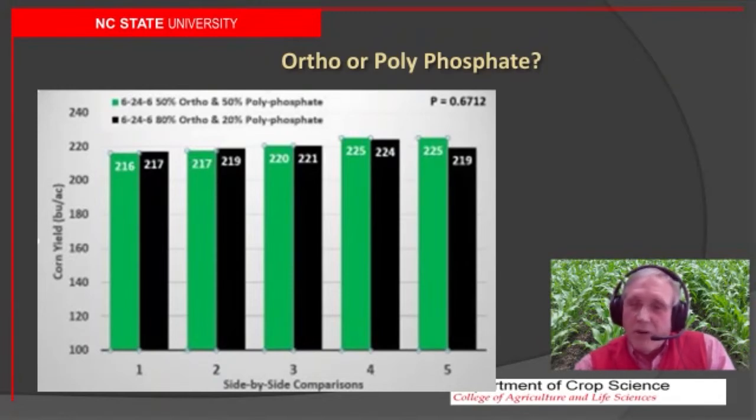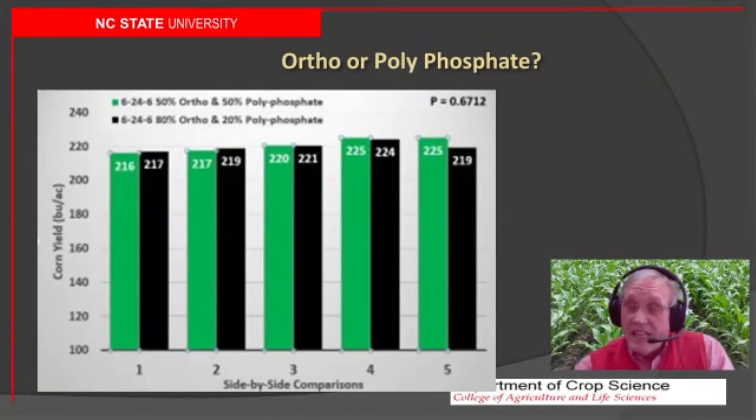Let me just touch one last topic as we talk about what source of material we should be looking at in a starter fertilizer, ortho versus a polyphosphate. I don't know of a question that has been bandied around more by scientists and industry and everybody else.